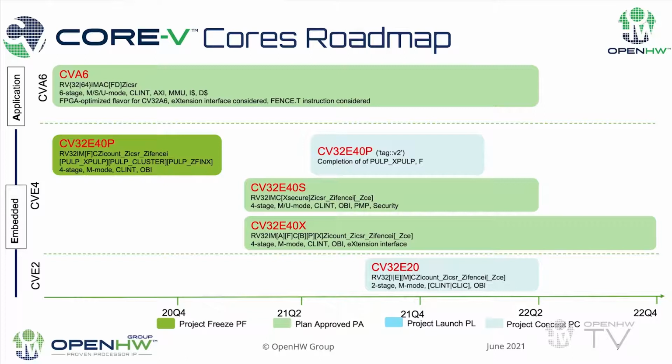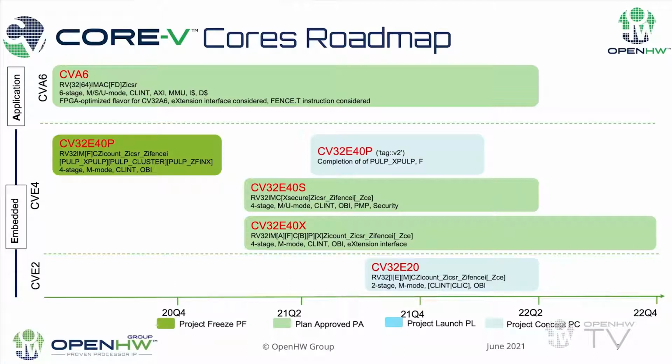So this slide shows the roadmap of our Core 5 cores, and it's really grown since the original contributions from the team at ETH Zurich, where we have a number of variants of the original RISC-V core, which is the CVE4 32-bit 4-stage embedded class core, with extensions for security, extensions for performance.